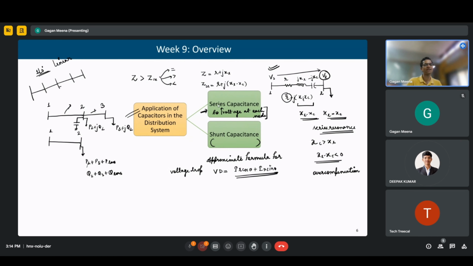Power factor improvement is there. It is a side effect, but the main thing that we want to do is to reduce the power losses. Okay. So its main objective is to reduce power loss.